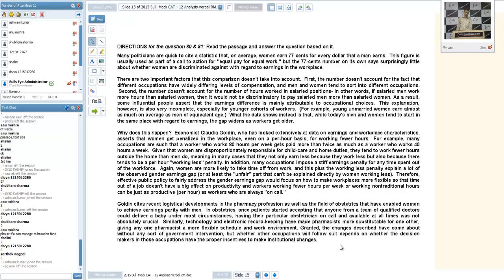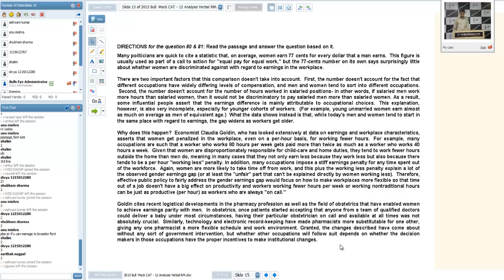Now, if government doesn't intervene, then it is up to the employers or those in charge of those occupations whether they want to implement these changes. The changes, as per the passage, were that women should be given flexi hours and certain other recommendations so that the gap can be abridged.